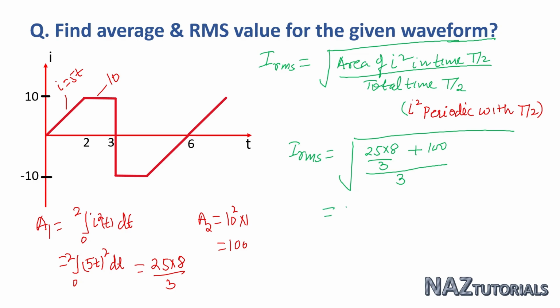The calculation gives the square root of 500 divided by 9, that is 10 by 3 square root of 5 ampere. This is the solution of the RMS value. So I hope you understand the concept of average and RMS values for the different types of waveforms.